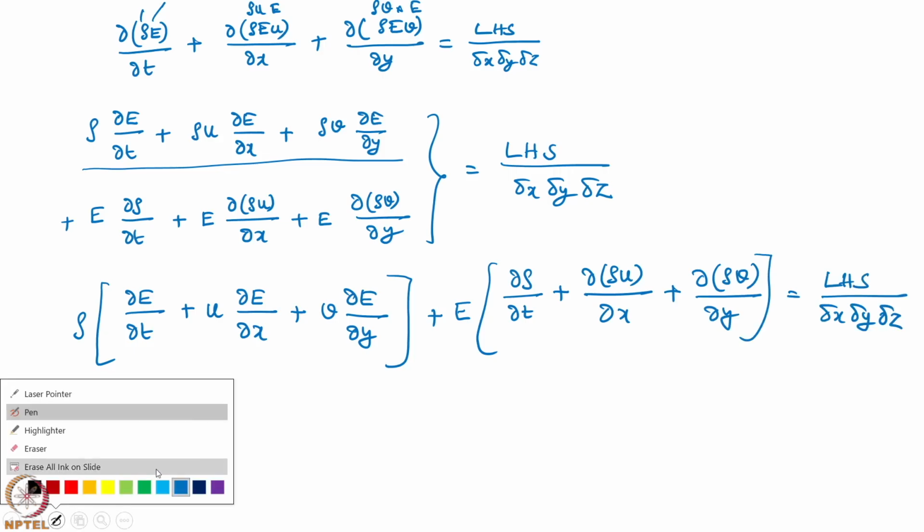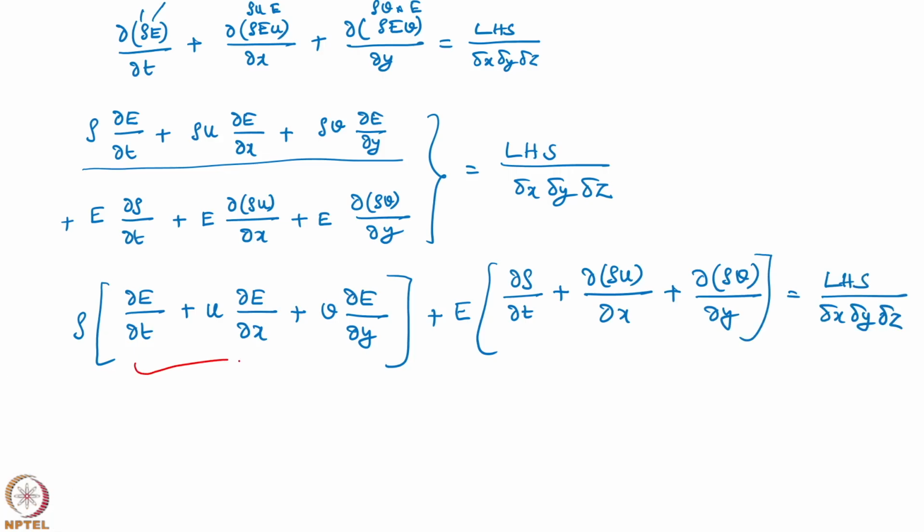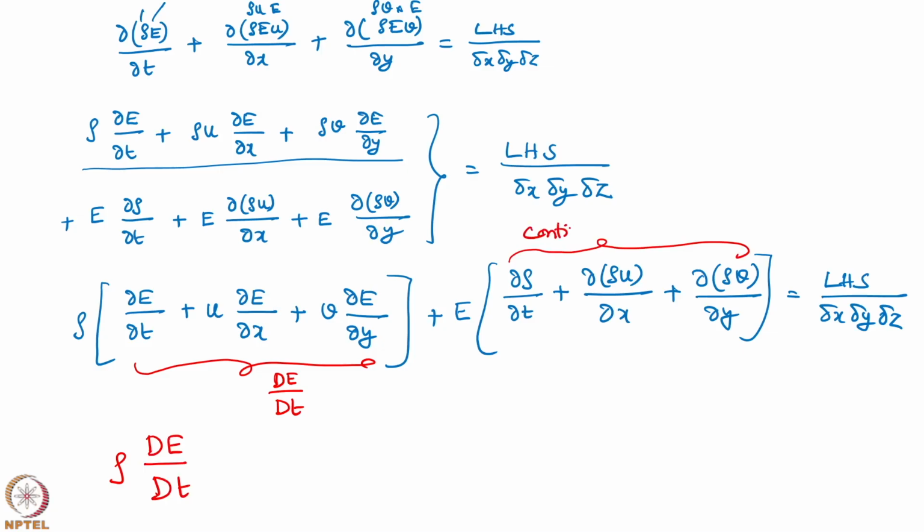Now you see what happens. This is nothing but the total derivative dE by dt. So you have rho dE by dt, and this is the continuity equation. That means the continuity equation becomes 0 by conservation of mass.